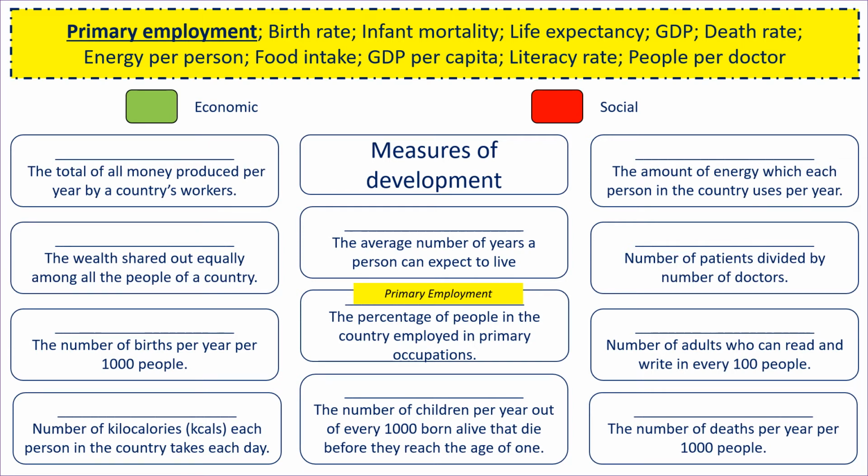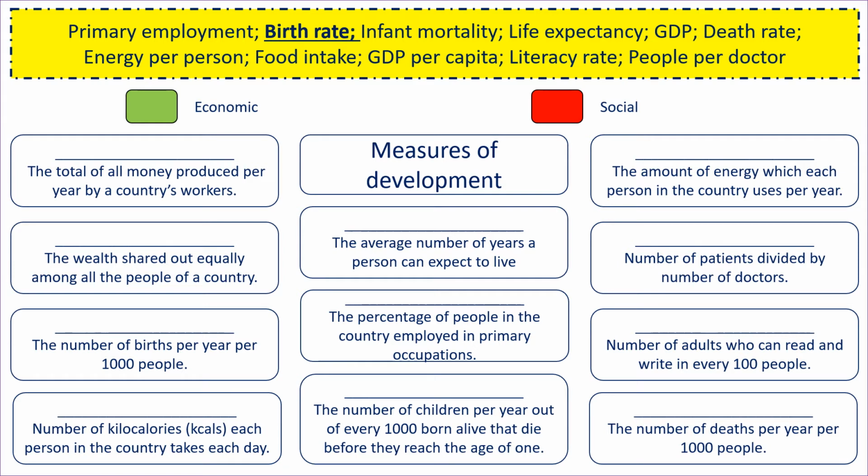And if lots of people in a country are employed in agriculture, that suggests that that country is probably a developing country. As a country starts to develop, fewer people work in farming and more people work in the service industry or even manufacturing.